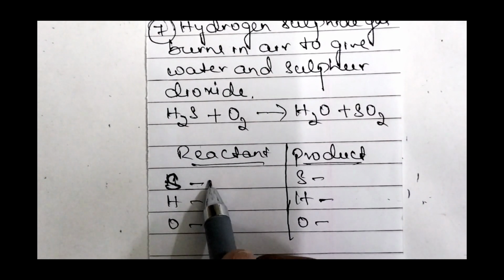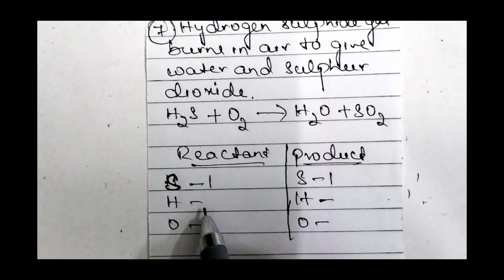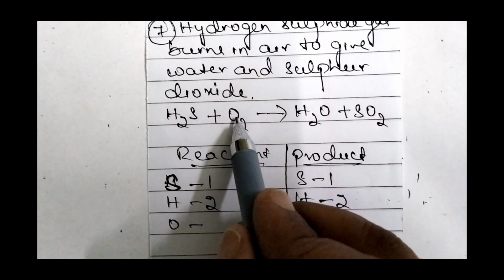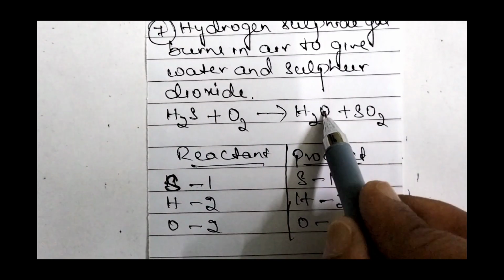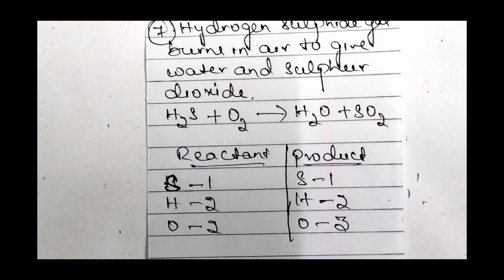So sulfur 1, here sulfur 1, here hydrogen 2, here hydrogen 2, here oxygen 2, this side oxygen 1 plus 2, it is 3. So now already sulfur is balanced, hydrogen also balanced, but oxygen is not balanced. Here 2 is there, even number, here 3 is there, odd number.